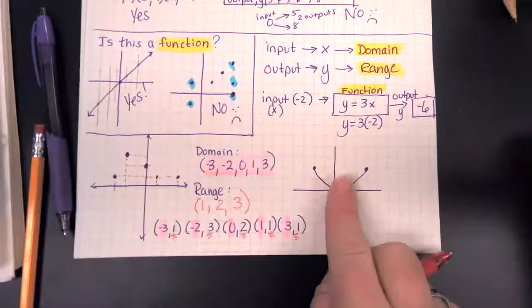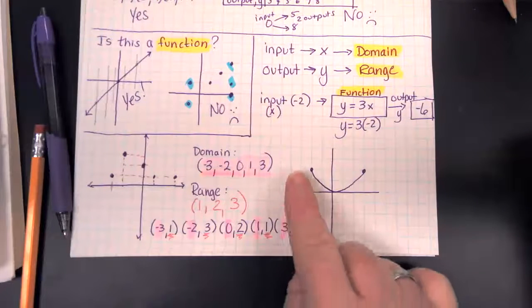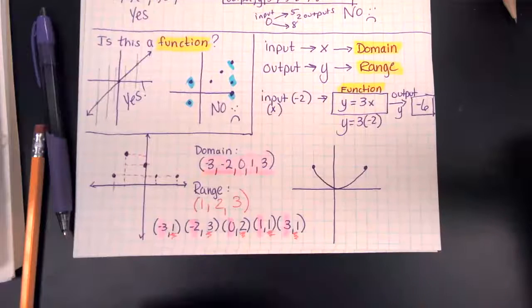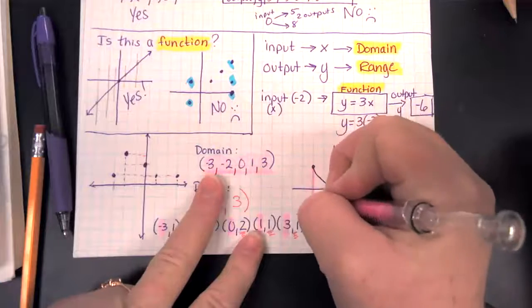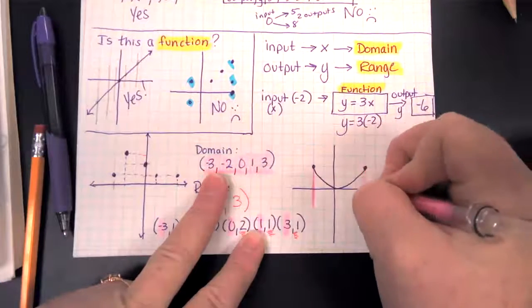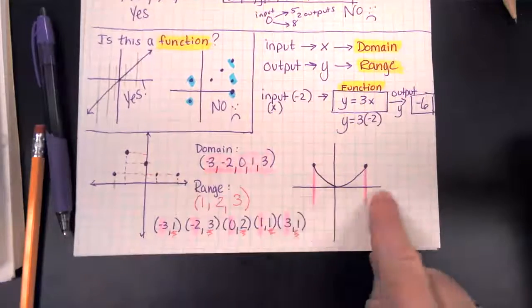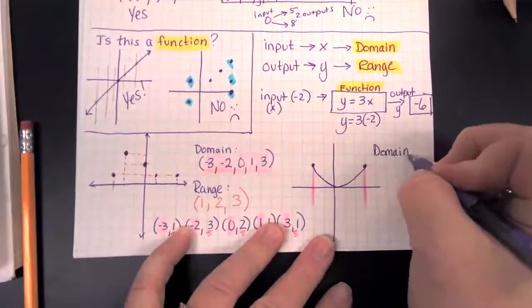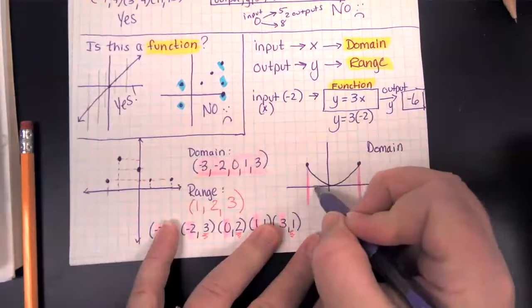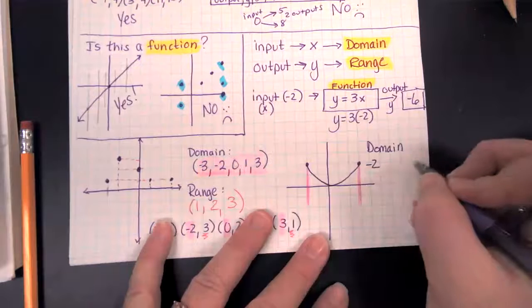A little bit different on this piece. This piece is a continuous piece. So my domain, I really need to look down here. It's a continuous piece. So I really go from here to here. So domain is really from, let's see, this is -2 and 1, 2, 3, a 3.